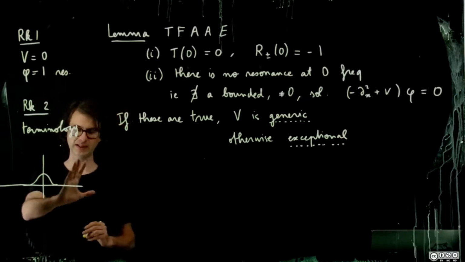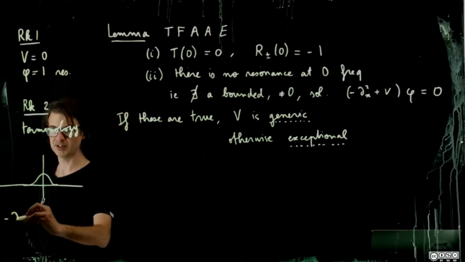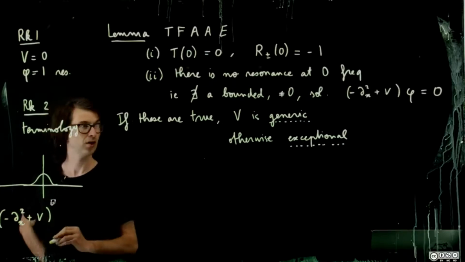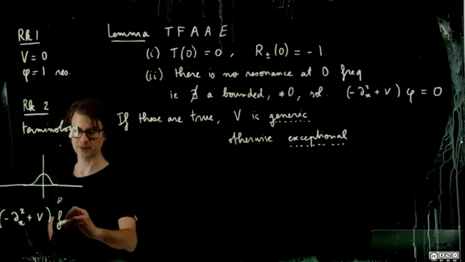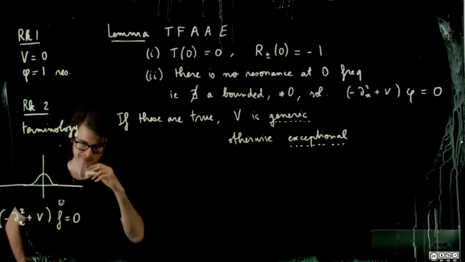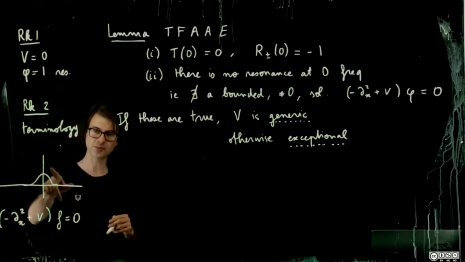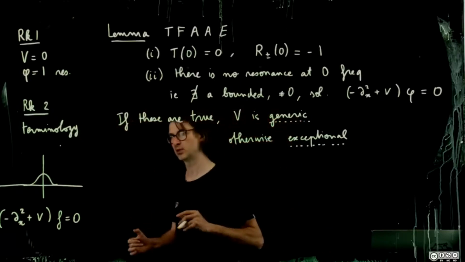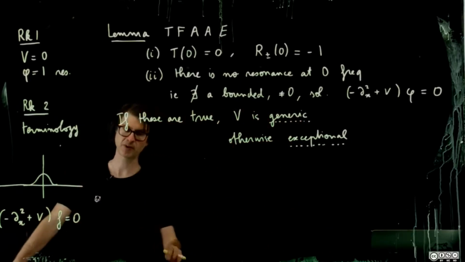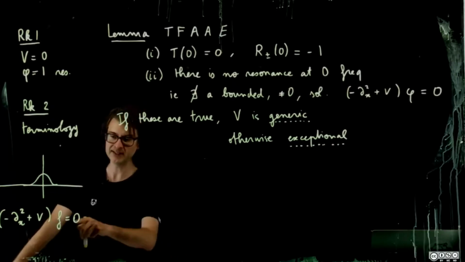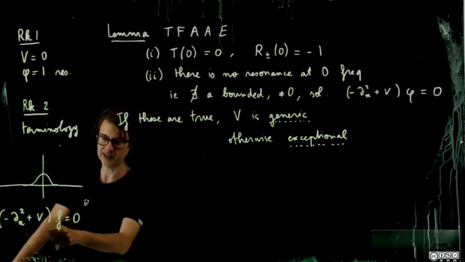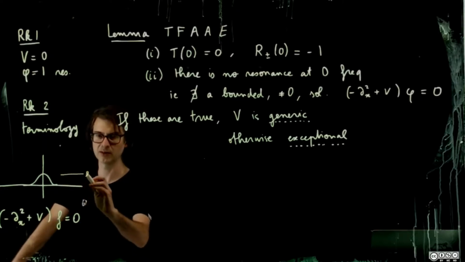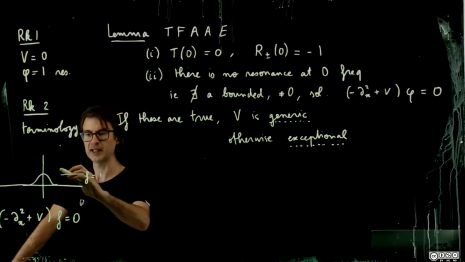And we look at the equation minus dx squared plus V applied to f equals 0. On the support of the potential, we cannot say exactly what happens. But on the right of the support of the potential, a basis of solutions of dx squared f equals 0 is provided by f equals 1 and f equals x.